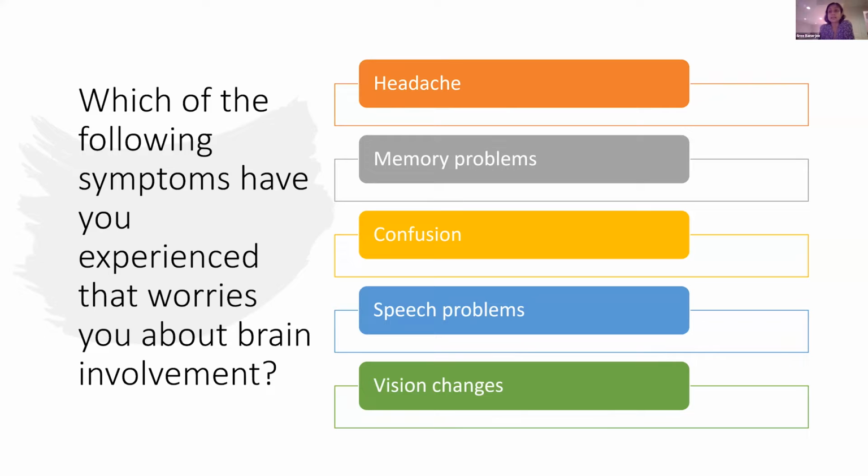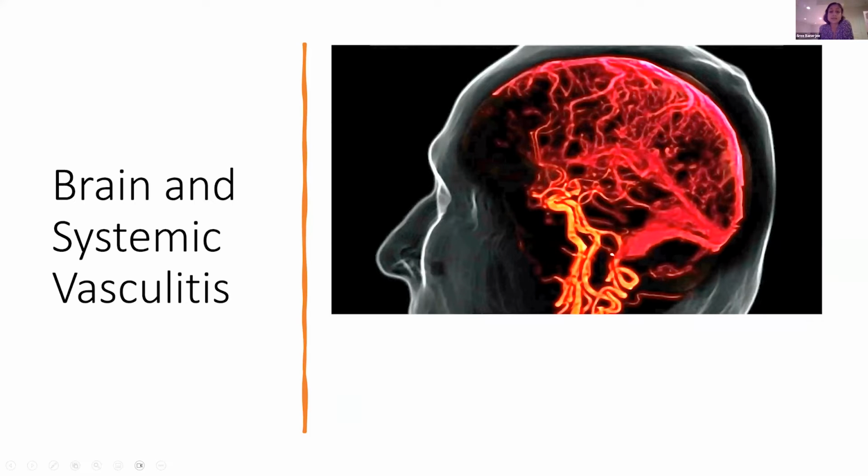So I understand that, as expected, this is obviously a big area of concern for all of us: patients who have vasculitis, and us, healthcare providers who take care of patients with vasculitis. Let me start by saying that it's rare.